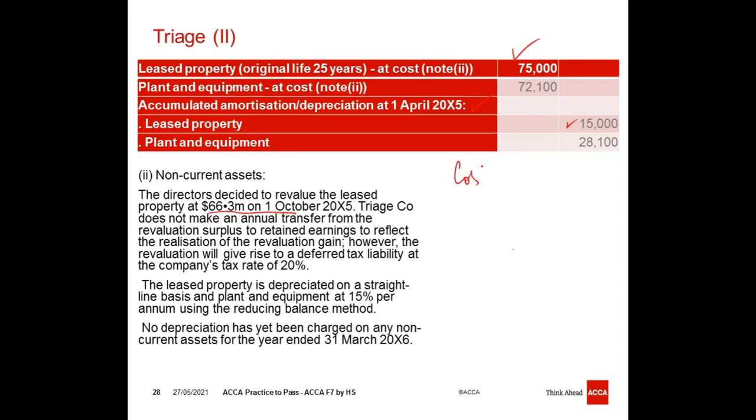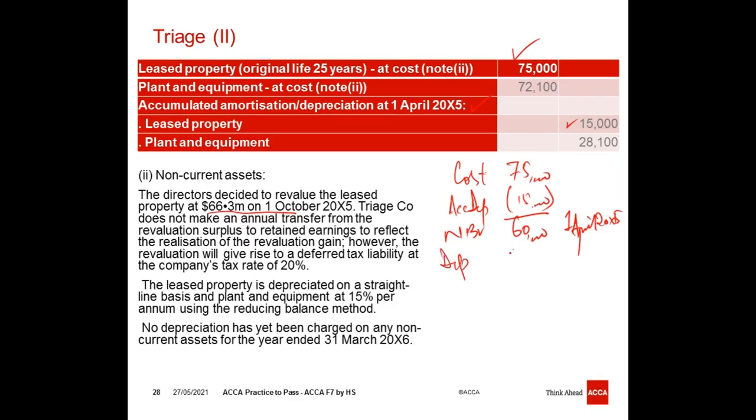So first you need to charge a depreciation for the first 6 months. This is the net book value of 60,000 on 1st April 2005. We cannot use this value because this asset was revalued on 1st October.